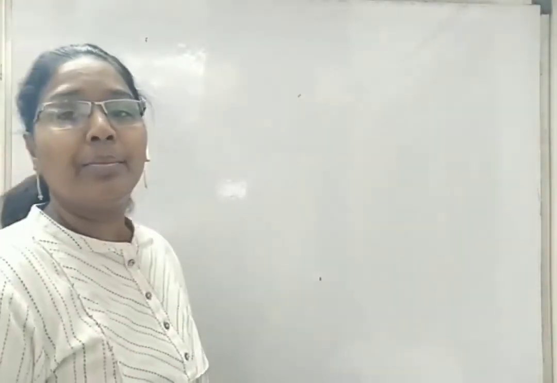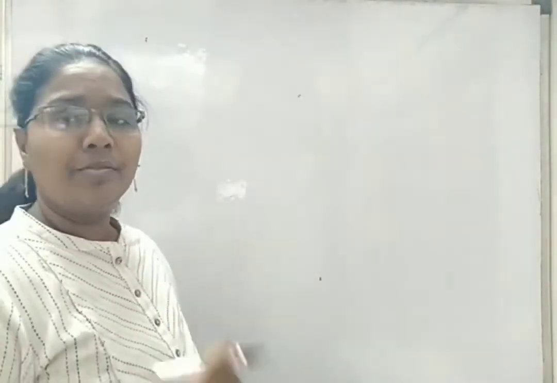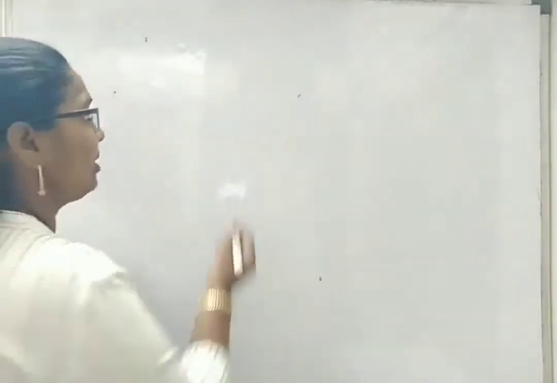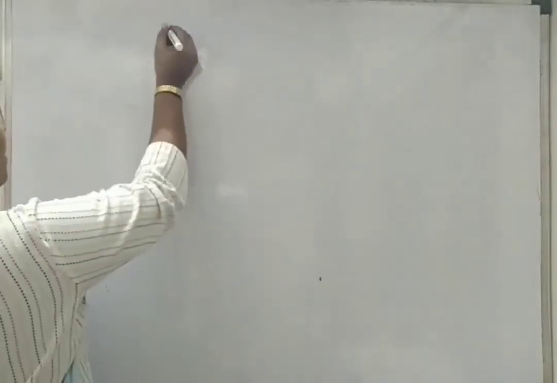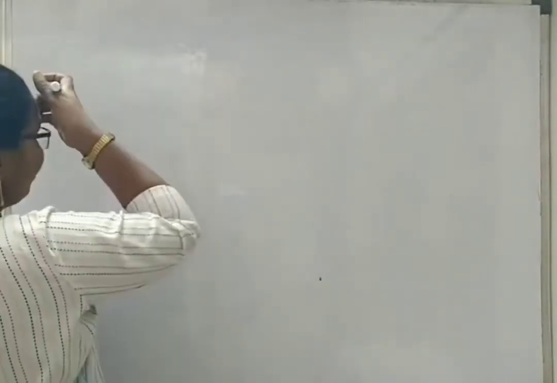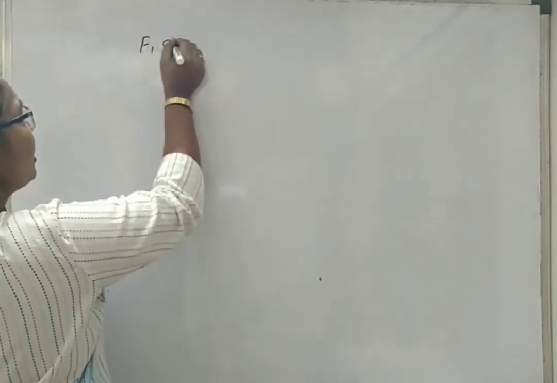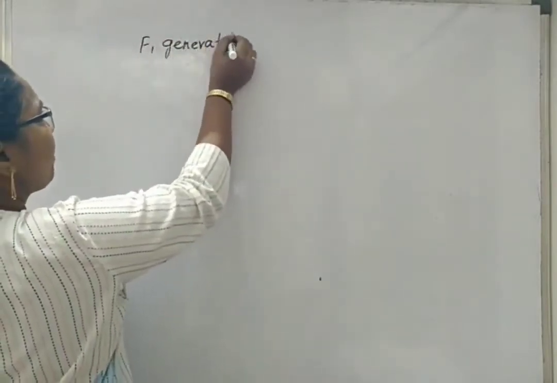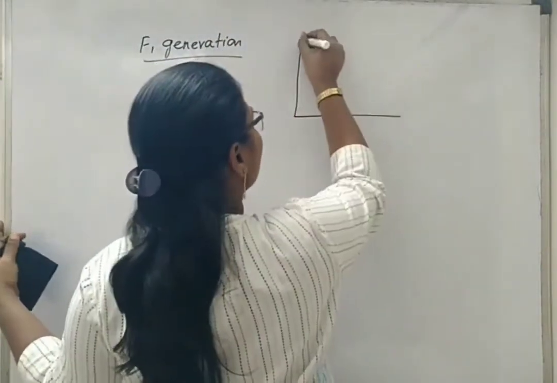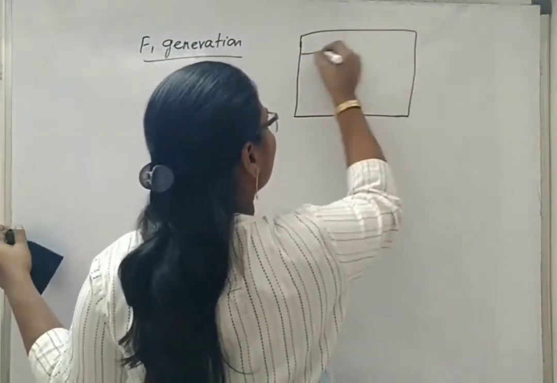We have to see what happened in the F2 generation, because in the first law we have seen only up to F1 generation, that means first filial generation. Now, if you see the cross again, in F1 generation we have got all the offsprings as heterozygous.